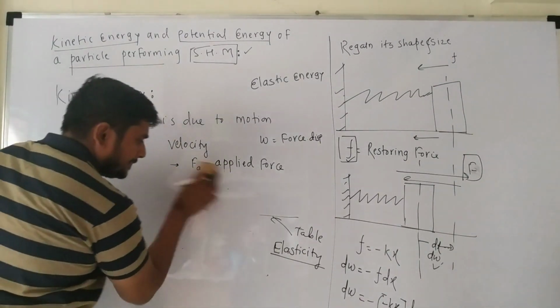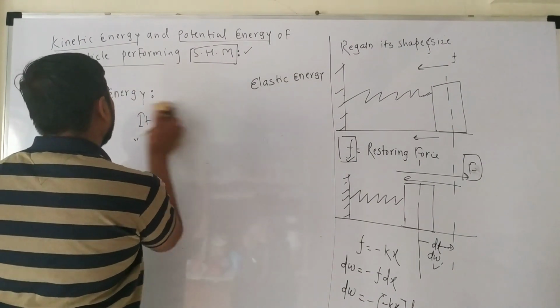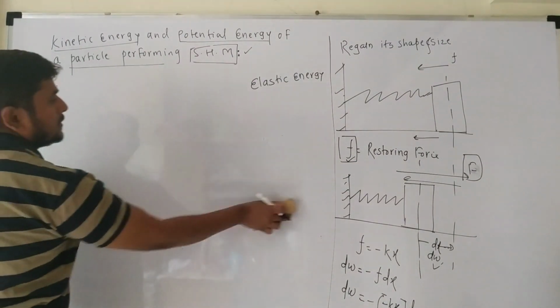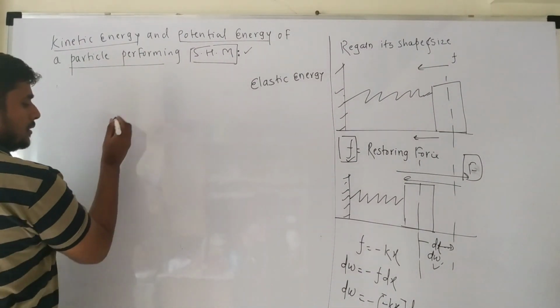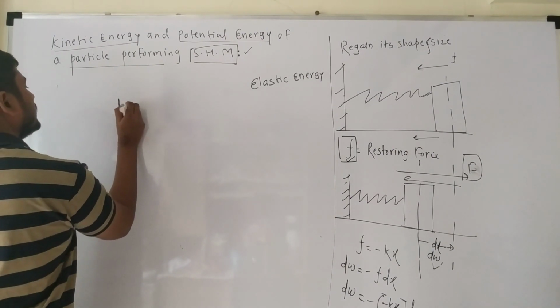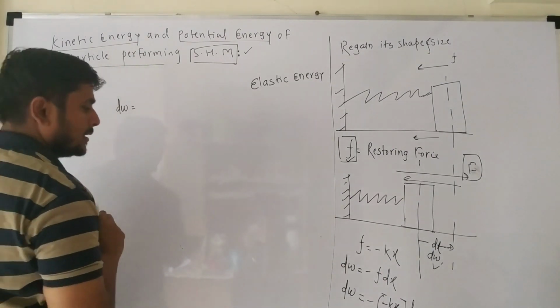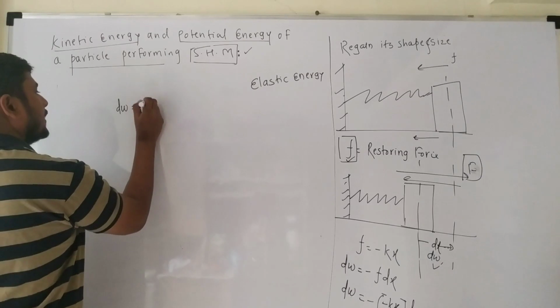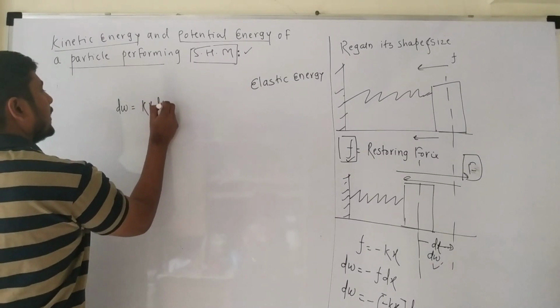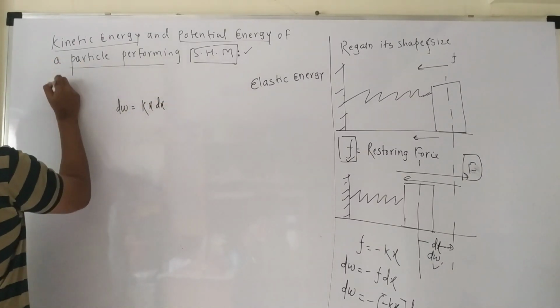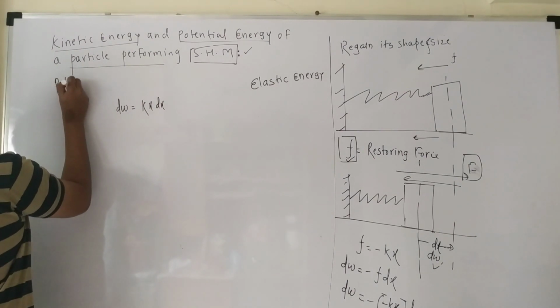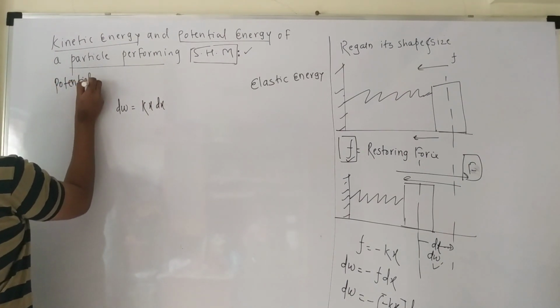As we got an equation, what equation is it here? The work done will be equal to minus, and that will become plus, kx into dx. What we are calculating is potential energy, not kinetic energy. First of all, let's find out the potential energy.